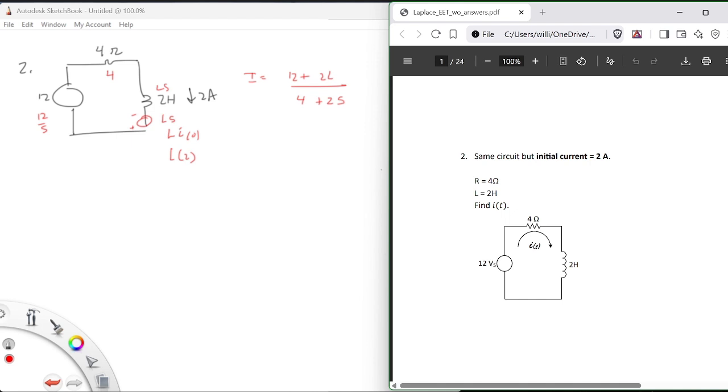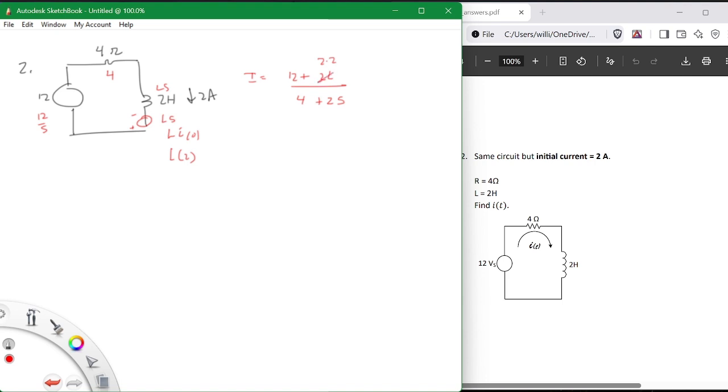This is how this is done. Okay, so 2 times L is 4, so this is 2 times 2. So it's 12 plus 4, or 16 over 4 plus.